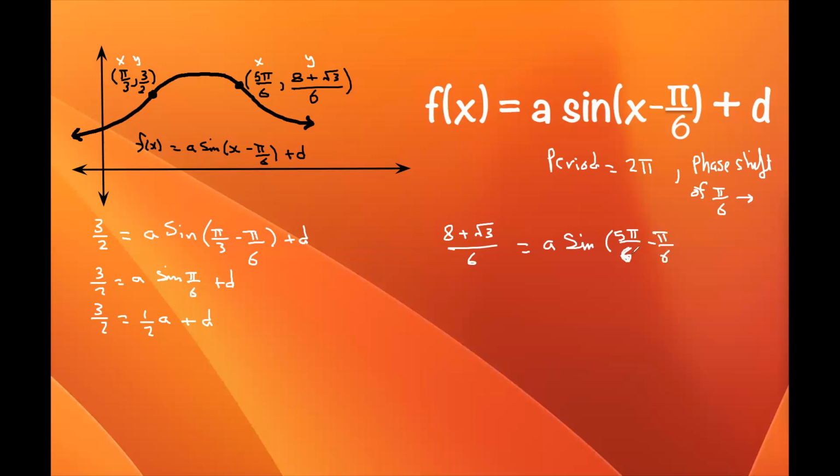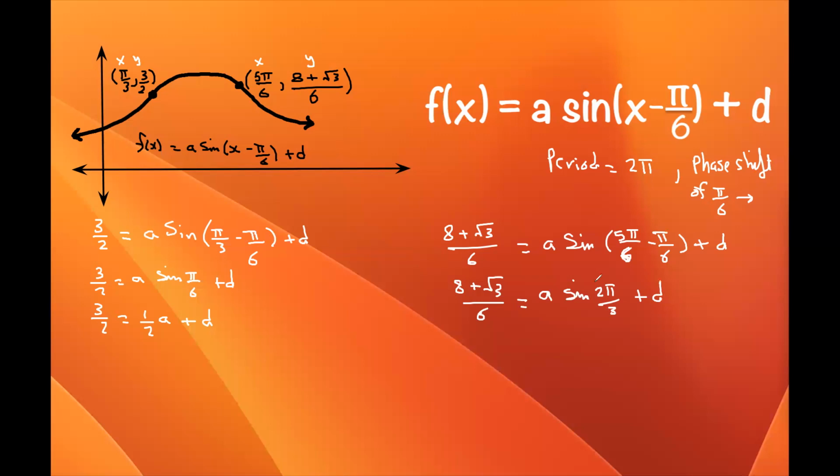Sorry, that's a 6 right here. Plus D. 8 plus root 3 over 6 equals A sine 5 pi over 6 minus pi over 6 will give me 4 pi over 6, which reduces to 2 pi over 3, plus D.